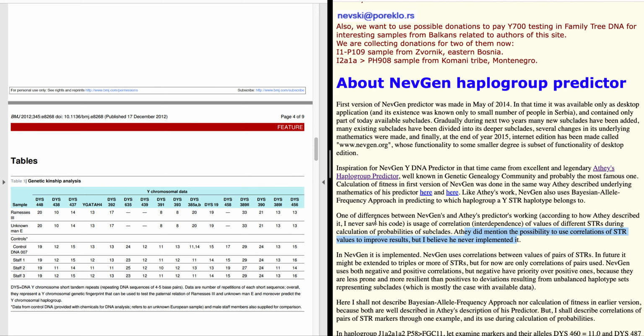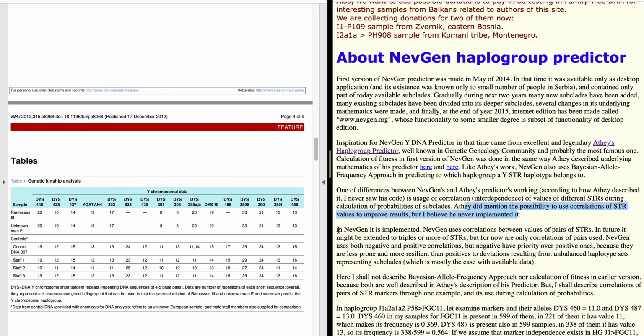One of the differences between NevGen's and Athey's predictors, working according to how Athey described it, since I never saw his code, is the usage of correlation, the interdependence of values of different STRs, during calculation of probabilities of subclades. Athey did mention the possibility of using correlations of STR values to improve results, but I believe he never implemented it. So he says that in NevGen it is implemented.